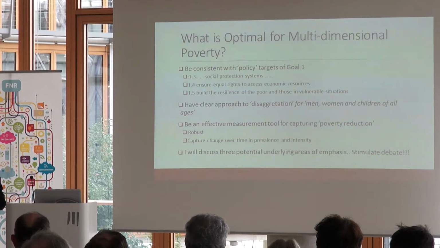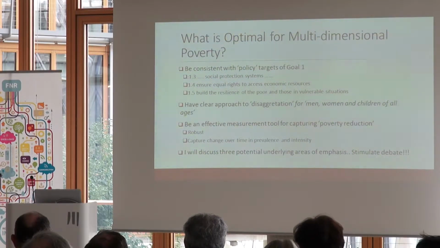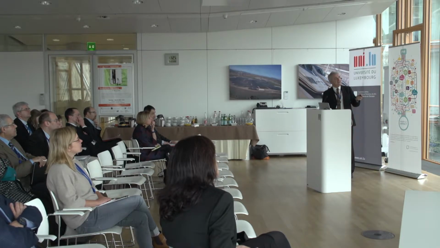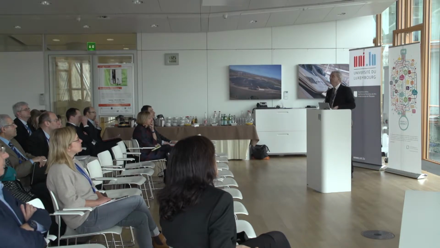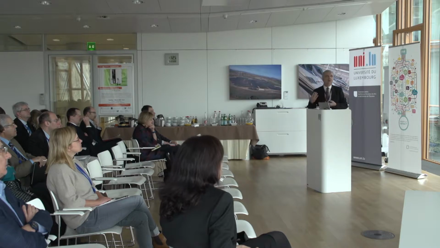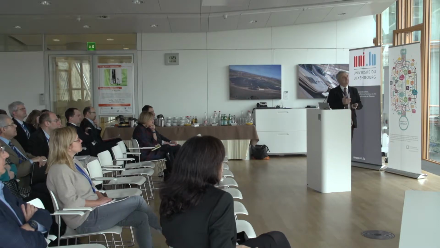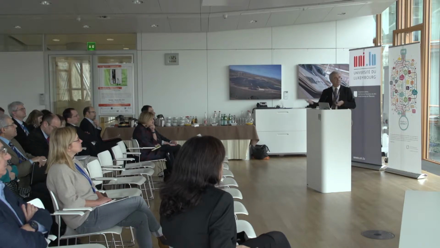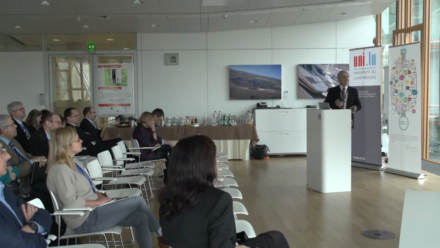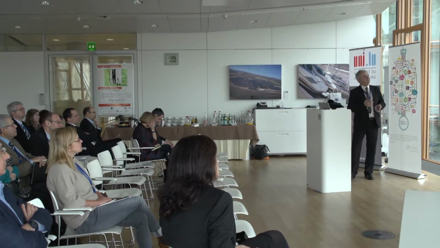So what do we want to be optimal for a multidimensional measure? Well, I think because it's part of the targets for Goal 1, we need to have it as optimally relating to those poverty responses that we mentioned before. So we want a measure that can frame and look at social protection systems, to ensuring social insurance, social assistance, other forms, universal cash subsidies, all of which are framed in sort of economic or monetary interventions, but which may also have additional interventions alongside them.